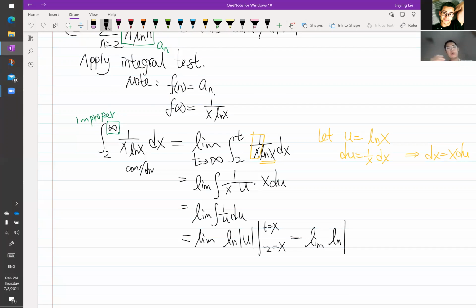But because x is from 2 to infinity, natural log of x is always positive, so u is always positive. So I can just drop the absolute value sign: natural log of natural log of x, evaluated from 2 to t.